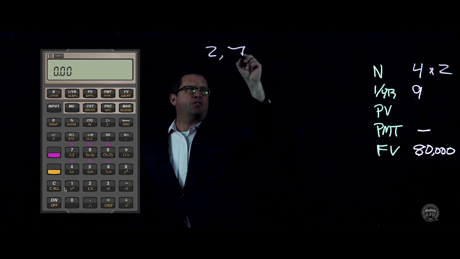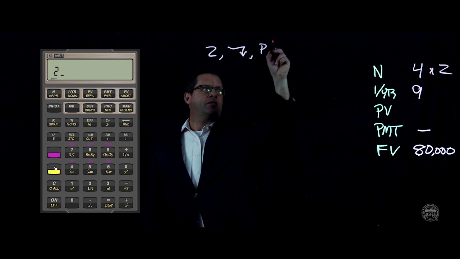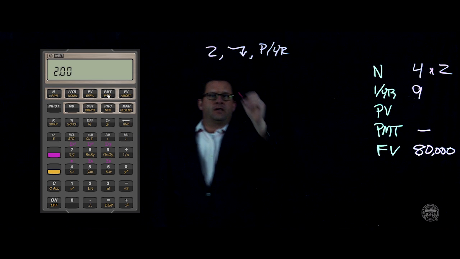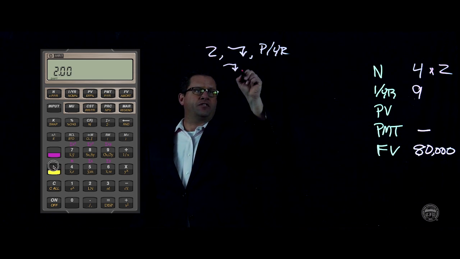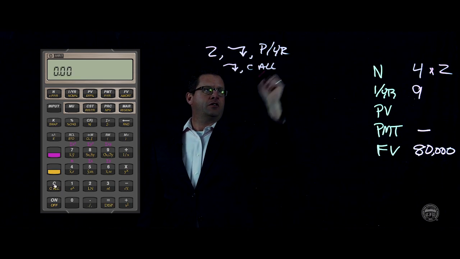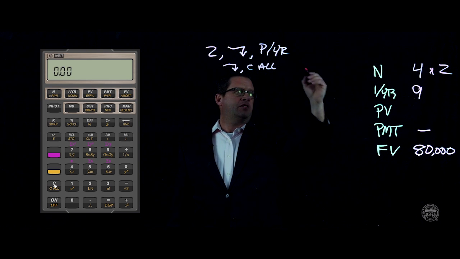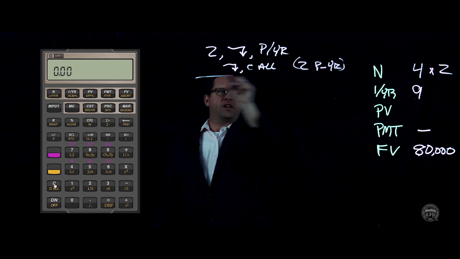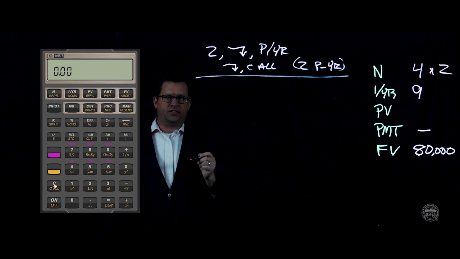So we enter the number 2, the downshift, and the second function of compounding periods per year. Then we do our downshift and clear all, and we should see a flash of 2 P-YR.